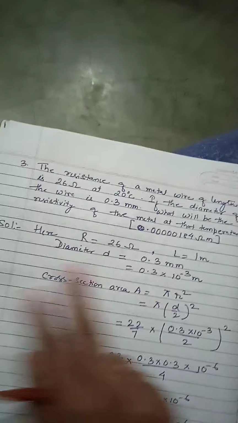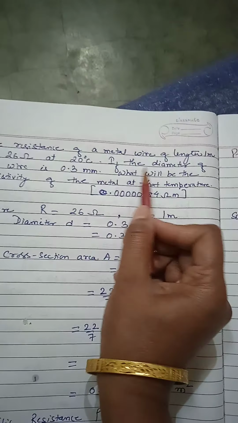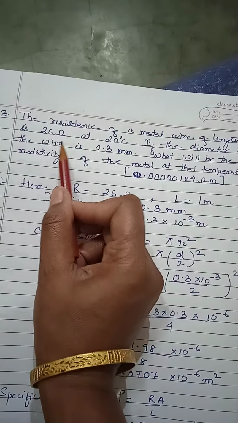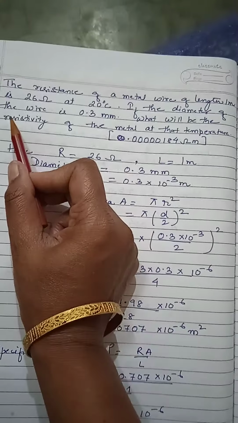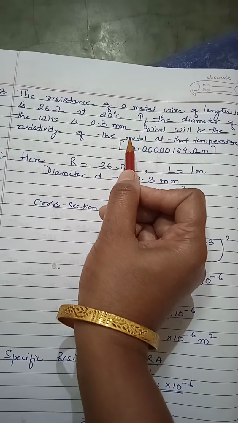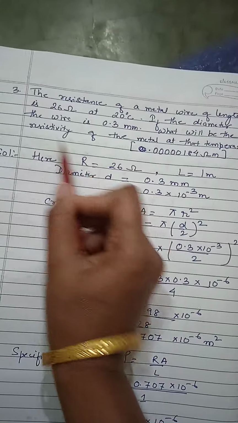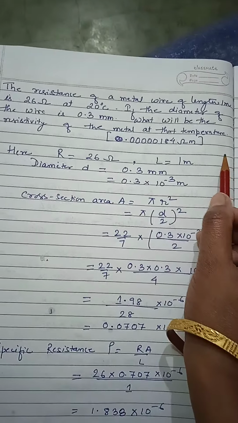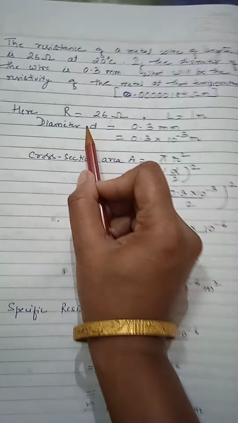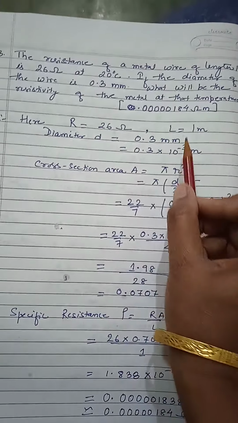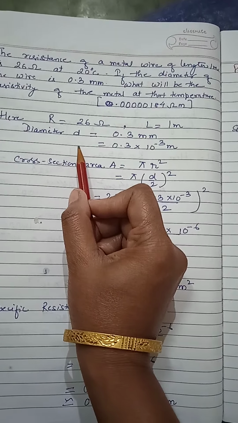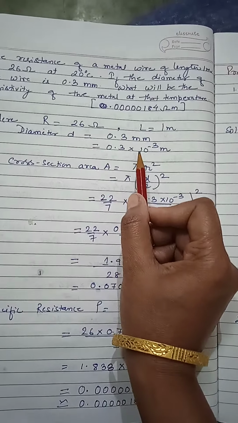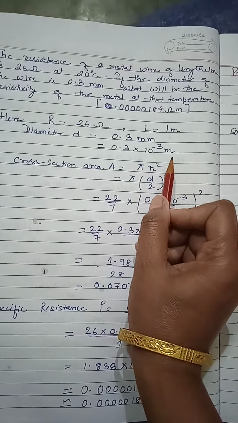Now see the number 3. The resistance of a metal wire of length 1 meter is 26 ohm at 20 degrees Celsius. If the diameter of the wire is 0.3 millimeter, what will be the resistivity of the metal at that temperature? So here R is given as 26 ohm, L is given 1 meter, and here cross sectional area is not given but diameter is given as 0.3 millimeter.